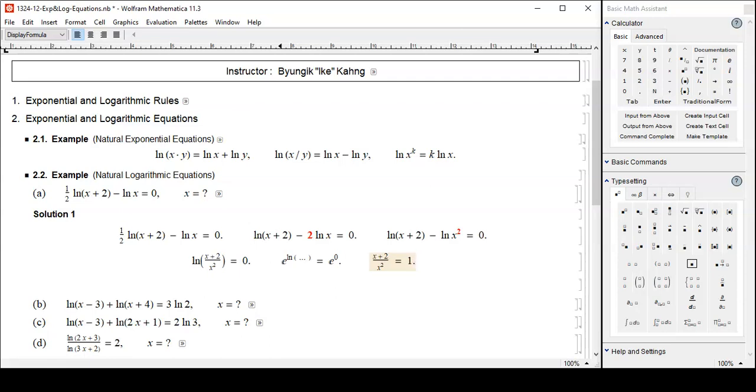A rational equation, x plus 2 over x squared is equal to 1. But don't panic, this rational equation is nothing different from just standard quadratic equation. Just remove the denominator, and then we get x plus 2 equals to x squared. Okay, what do we have? We have a quadratic equation to solve.